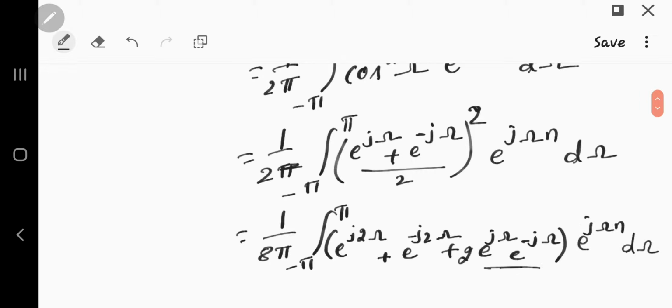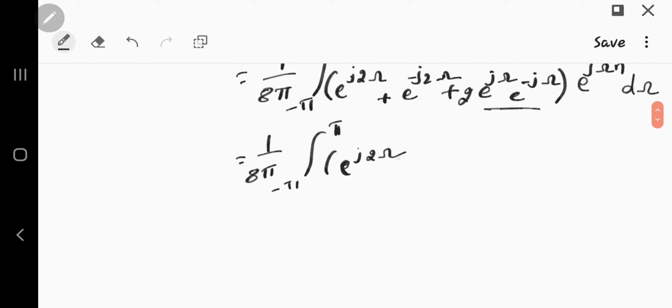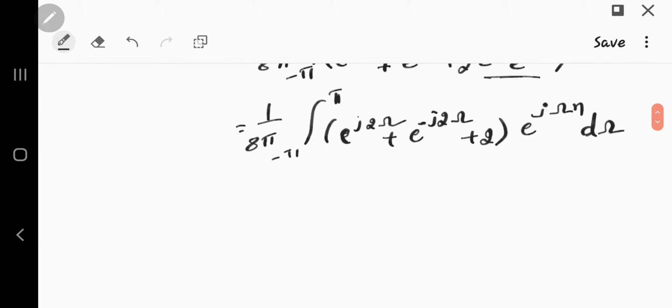Now these two terms, e power j omega into e power minus j omega, become 1. So we are left with 8 pi, minus pi. In this step we will be left with e power j 2 omega plus e power minus j 2 omega plus 2, into e power j omega n d omega.